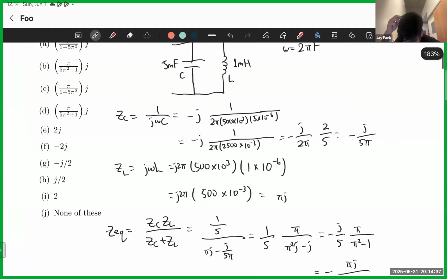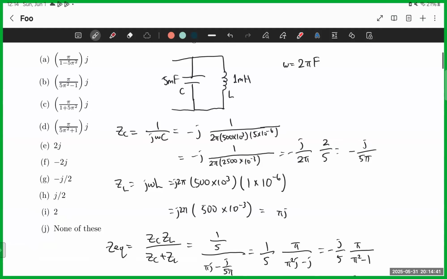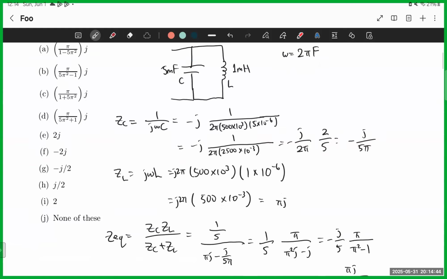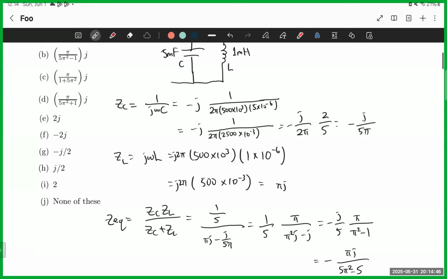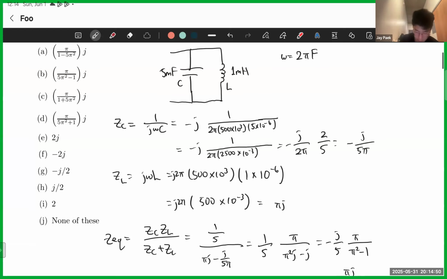That's fine. This is 1 over 2.5. Yes. When you move the j up for the impedance of the capacitor, you should get rid of the negative, right? Why is that? Because I moved it up because 1 over j is equal to negative j. Oh, wait, no, you're right. Yeah, I can't find it either.